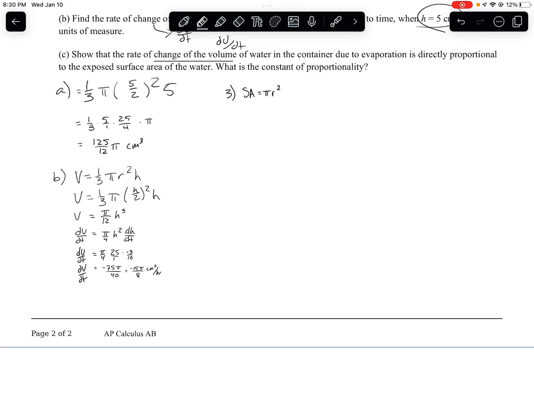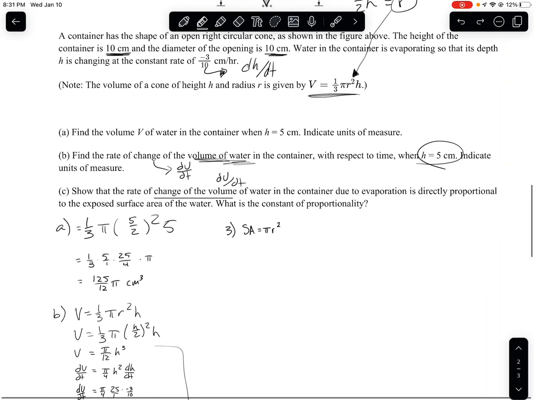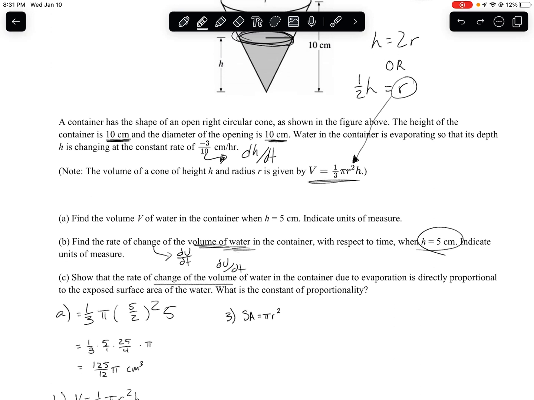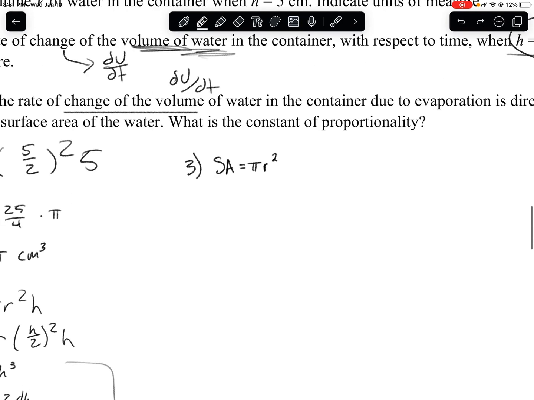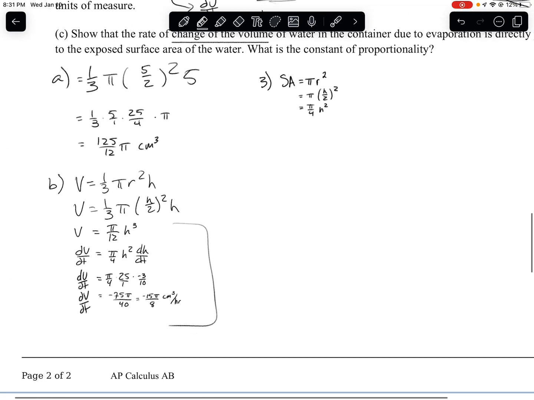If I look, all of my stuff down here is in H. So I have H's, H's, H's, and now I'm bringing in this random R. I'm going to have a tough time dealing with radiuses and heights, so I'm going to do the same thing we did earlier and bring that H down into it. So my surface area is pi times H over 2 squared, so it's going to be pi over 4 H squared.